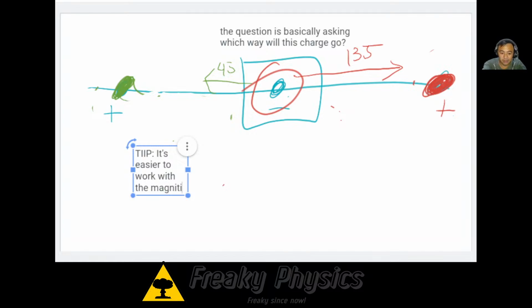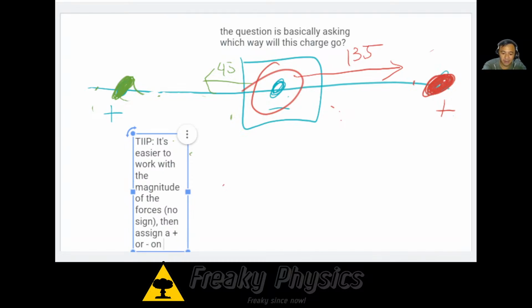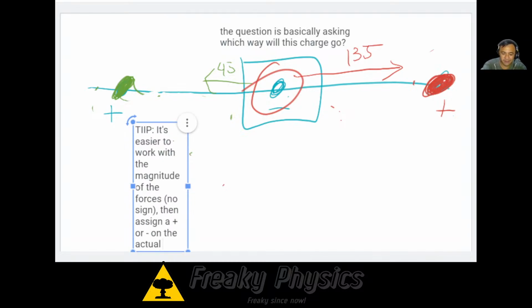Magnitude of the forces, no sign. Then assign plus or minus on the actual diagram.